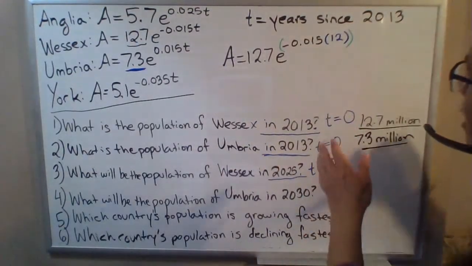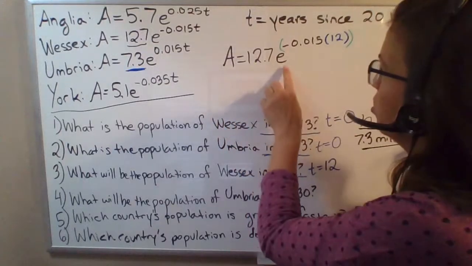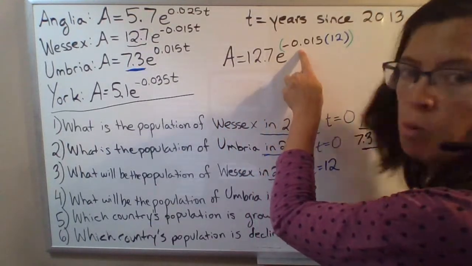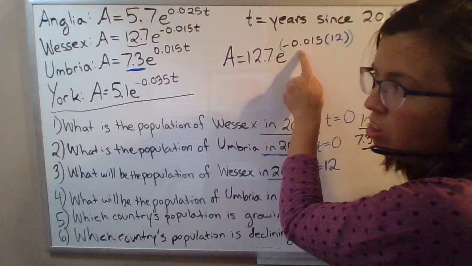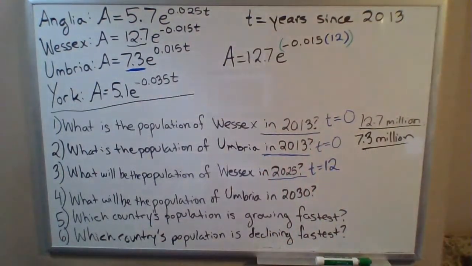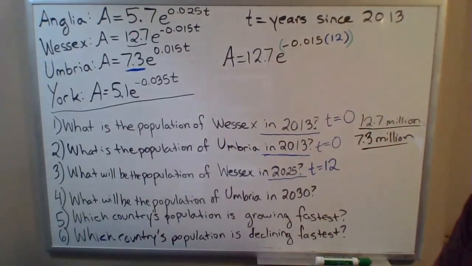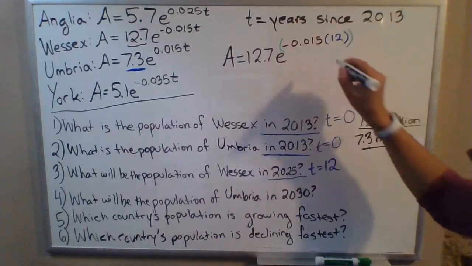If you don't insert parentheses, your calculator is going to follow order of operations, so it's going to take e to this negative 0.015 power first, and then multiply later, because that's where it falls in the hierarchy of the operations. But if what we mean is for the 12 to also be in the exponent, then you need to put parentheses around it. And if you do that, we get about 11.4 million when you type that in.